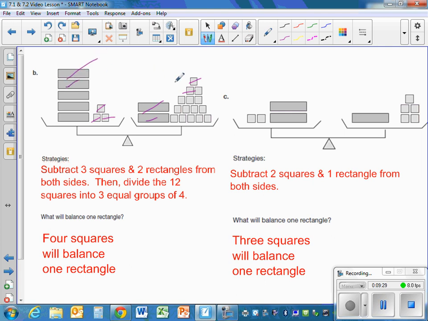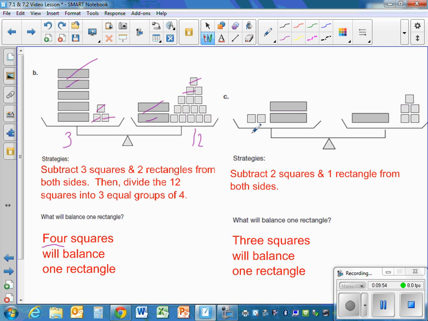Then you can see over here we are left with 1, 2, 3, 4, 5, 6, 7, 8, 9, 10, 11, 12 squares and 3 rectangles. So we need to break the 12 squares up into the 3 rectangles. 12 divided by 3 will give you an answer of 4 squares is what 1 rectangle is equal to.